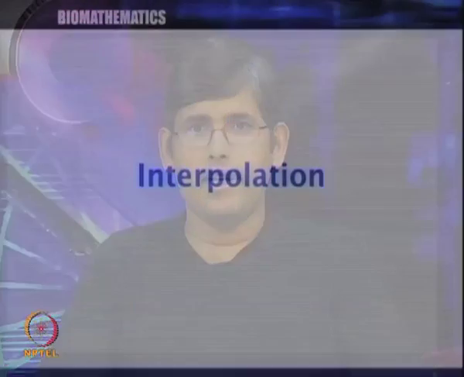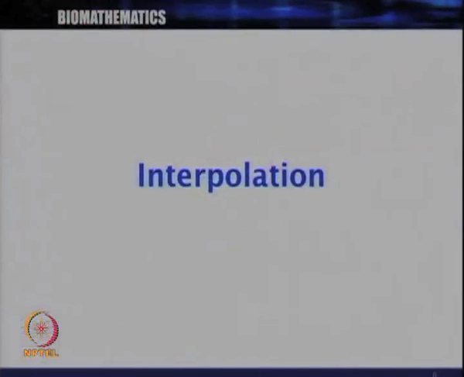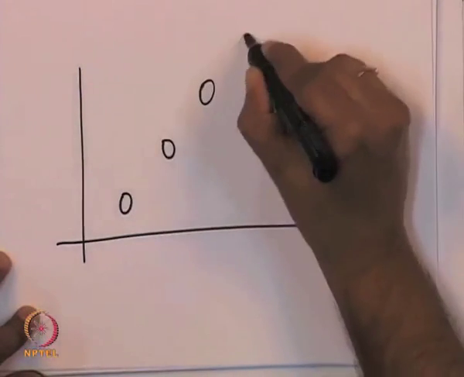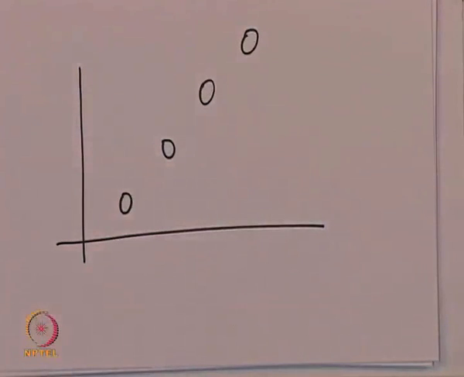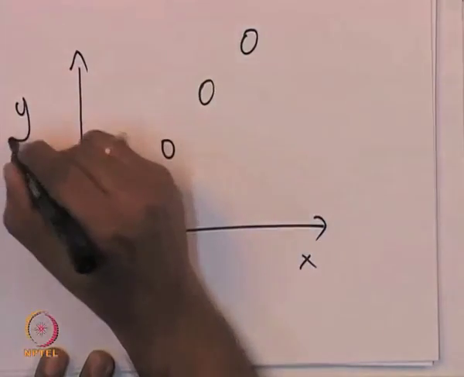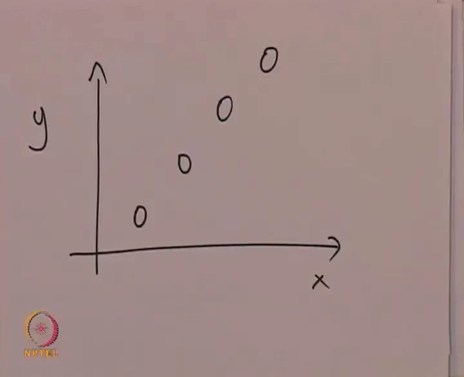Okay, so, now another question will be something like interpolation. What it means, there are various interpolation methods. Let us do a simple thing. Let us say you have a graph and you have a function here and you have data points like this. So, you have an x and you have y, that is y of x.